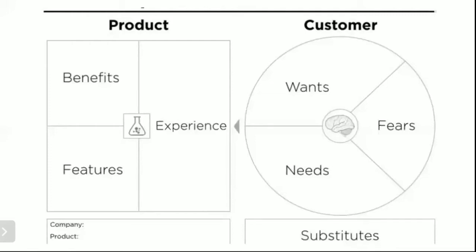This is a second template that is helpful for you to print out and have with you while you're filling out your business model. This is a deeper look into the value proposition, which is, what is your customer's needs and how are you solving those needs, okay? And so on the left-hand side, you have the products that you're offering, and on the right-hand side, you have the customer themselves.